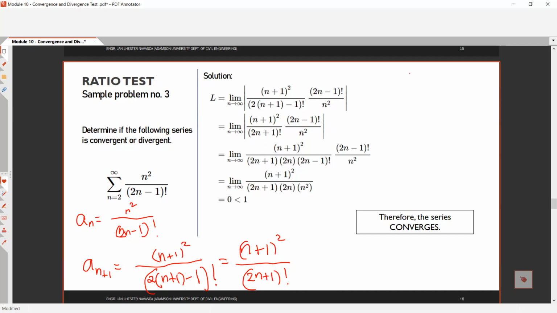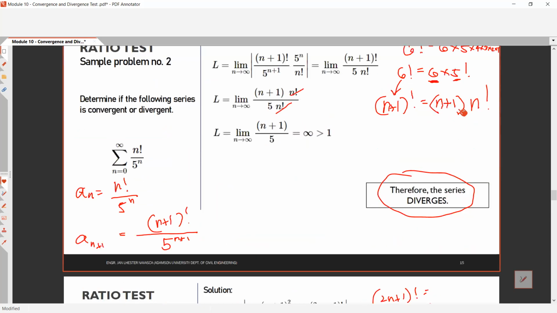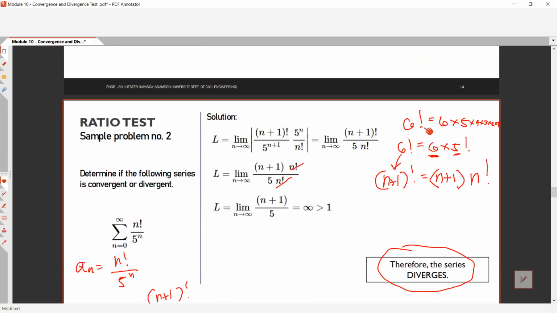Kasi di ba, you have 2n plus 1 factorial, sunod magiging 2n, sunod magiging 2n minus 1, sunod magiging 2n minus 2. That is a factorial, di ba? Let's say 6 factorial magiging 6 times 5 times 4, pababa.